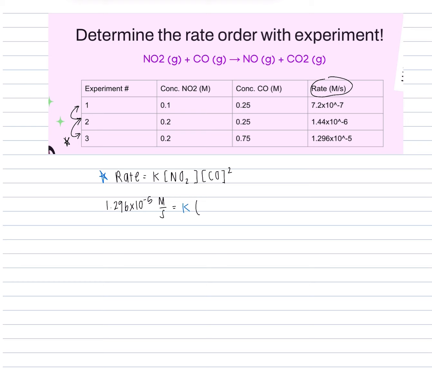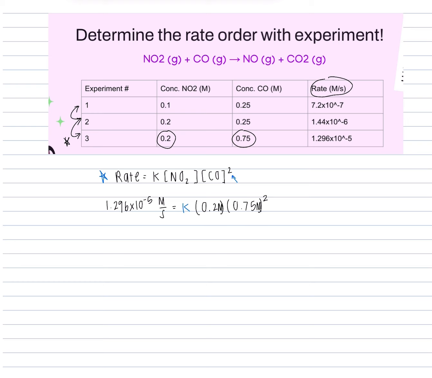In this case, my NO2 for experiment 3 is 0.2, and my concentration for my CO is 0.75. I know from my rate law that I need to square that. I forgot my units on these, so I'm going to put molarity and molarity.